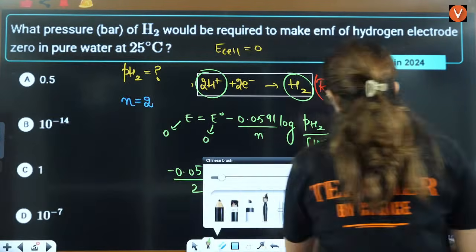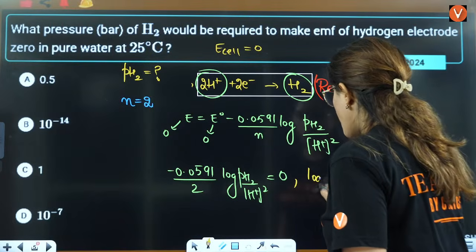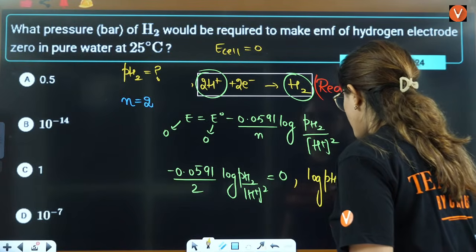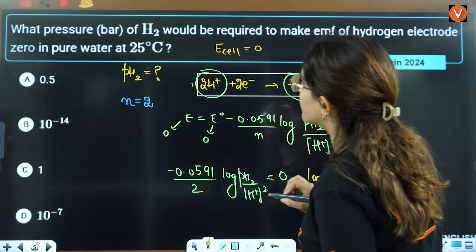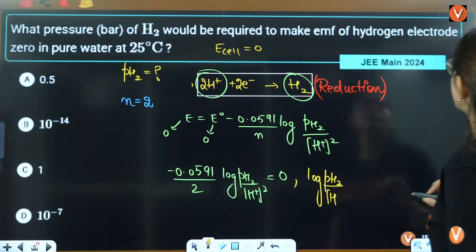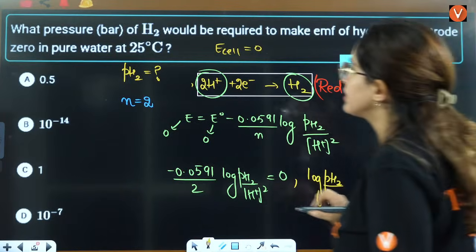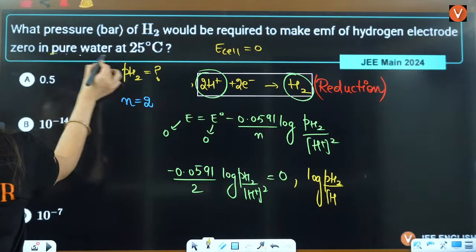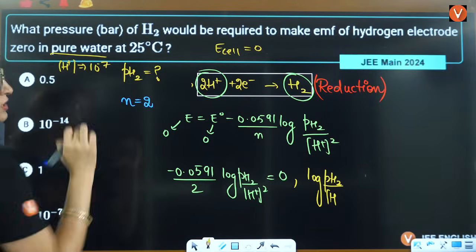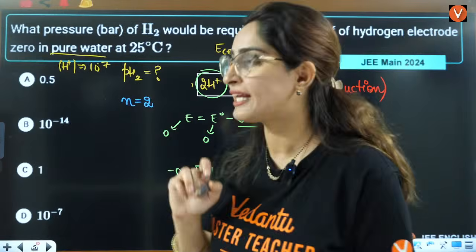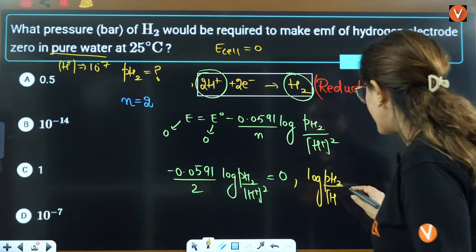That means we can say from here log of PH2 divided by H positive square, concentration is given to be what? In pure water. Pure water means H positive concentration is going to be 10 raised to power minus 7. That we have learned from ionic equilibrium, right? So we'll put it here.